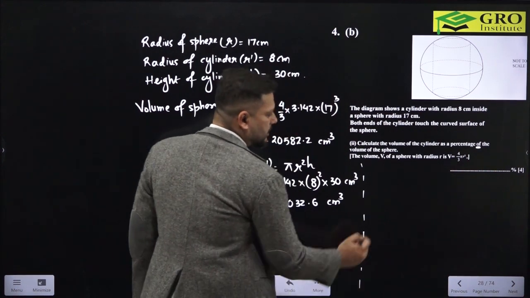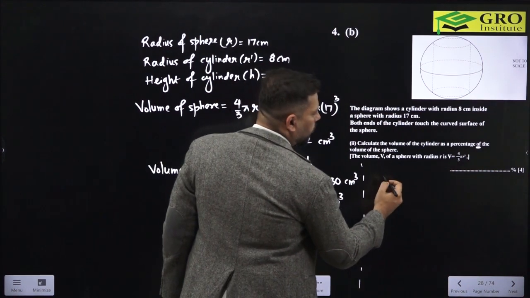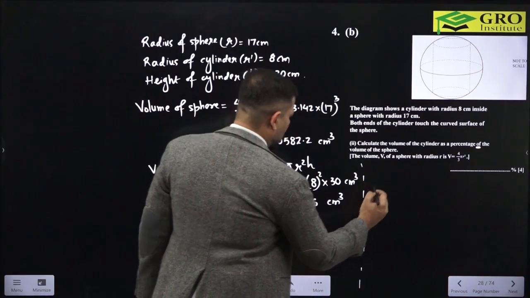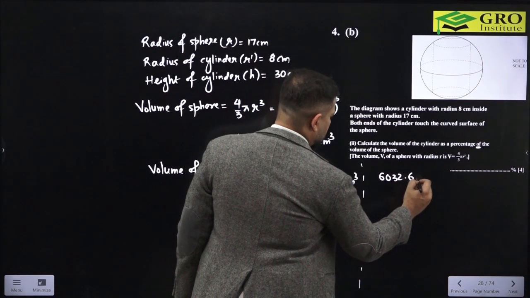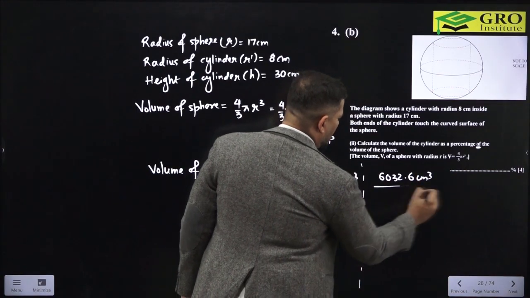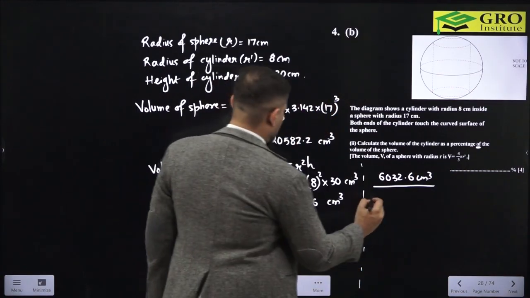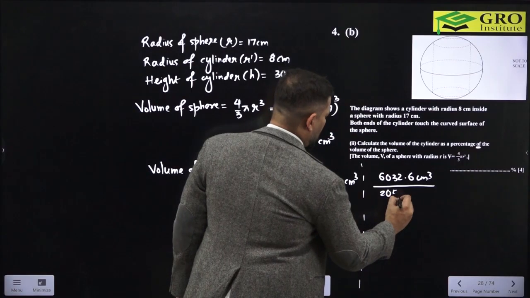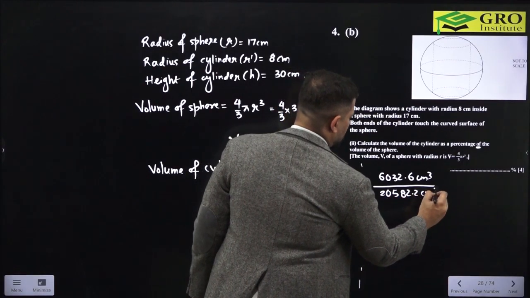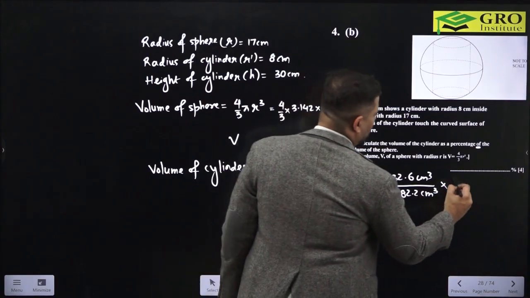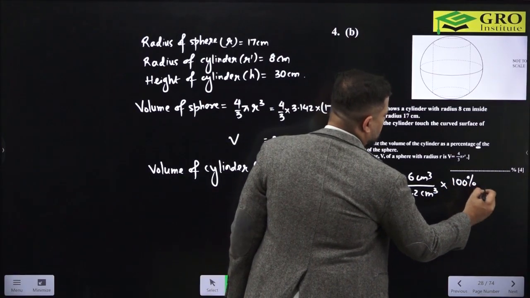We need to find the percentage, so it will be volume of cylinder as the numerator, that comes out to be 6032.6 centimeter cube upon volume of a sphere, that is 20,582.2 centimeter cube multiplied with 100%, right?